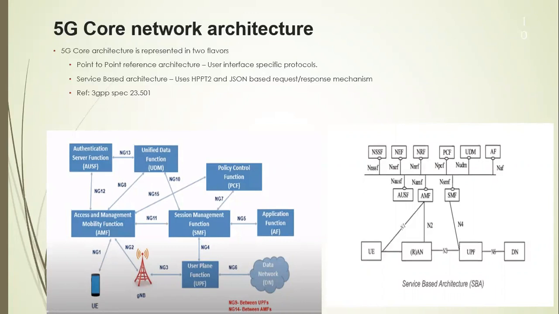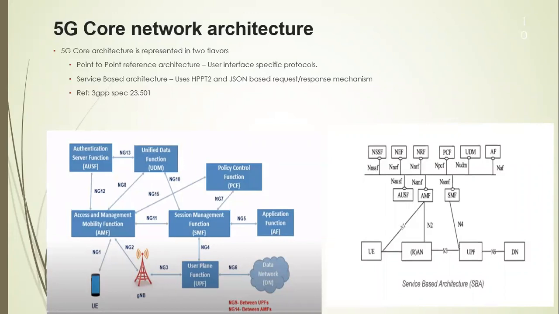So in the left side diagram, this architecture is mainly interface based architecture. Here all these interfaces will use the same protocols like Diameter, GTP-C, GTP-U. Some new protocols have been introduced. The right side diagram is the service based architecture.